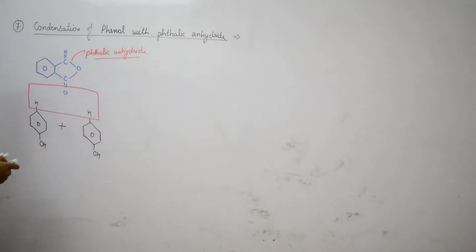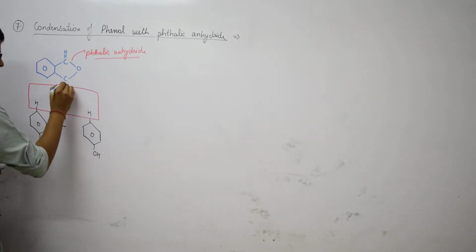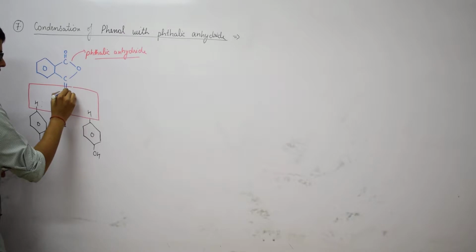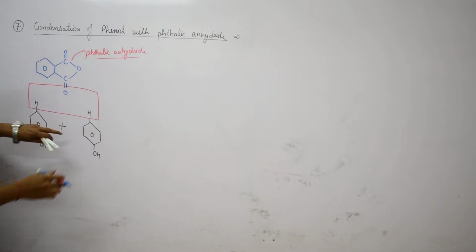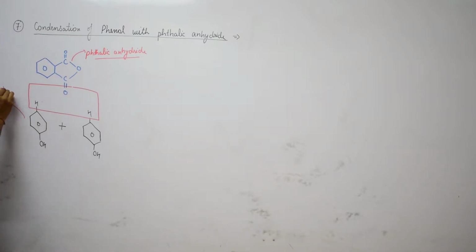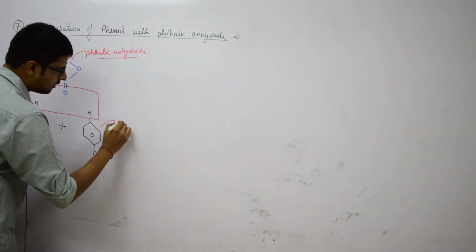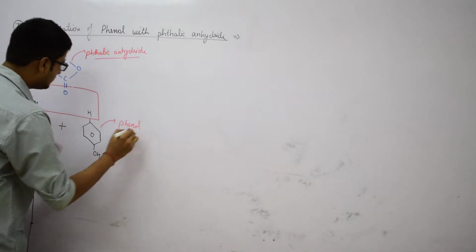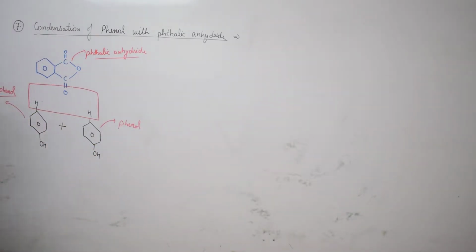This leads to the elimination of a water molecule in the form of H2O, two hydrogens from phenolic groups and one oxygen from this phthalic anhydride. So, this is our first molecule of phenol, and this again a phenol molecule, and this is the liberation of water molecule.